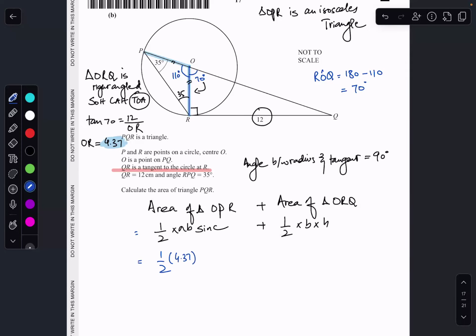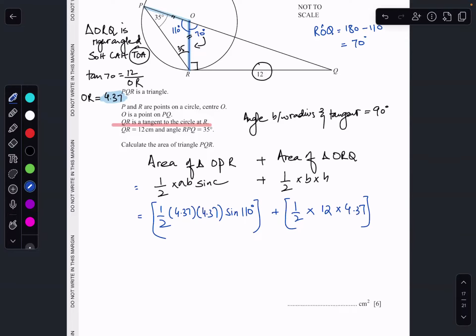So it is 1 by 2 times 4.37 times 4.37 times sine of 110, plus 1 by 2 times base 12 times the height, again 4.37. So always make a statement and then work it out.